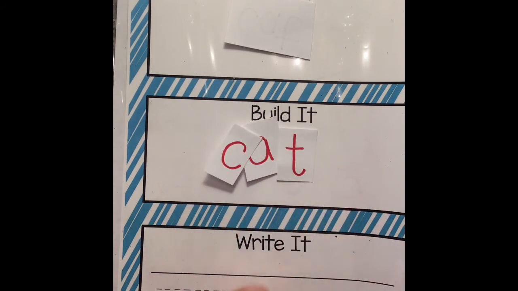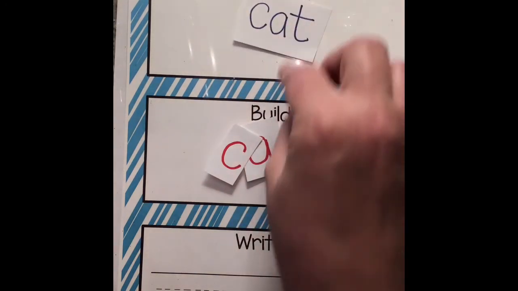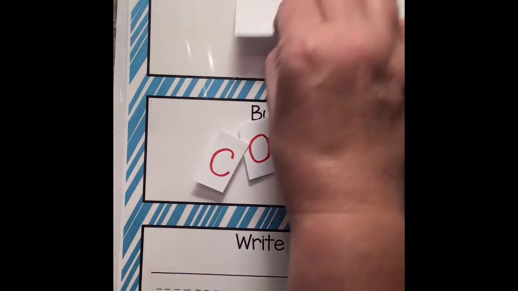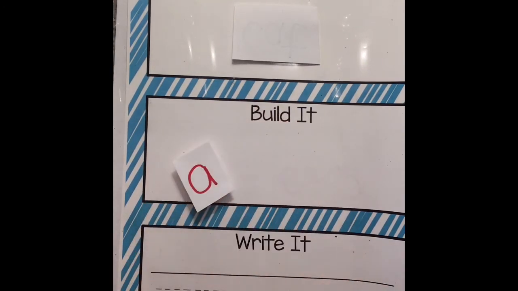And then the last part, after they've read it, after they've built it a few times, and then maybe you take the pattern away, then you can say, can you write this word? So you want to have a dry erase marker, and then you can say, okay, can you write the word cat? Here it is. K, a, t.